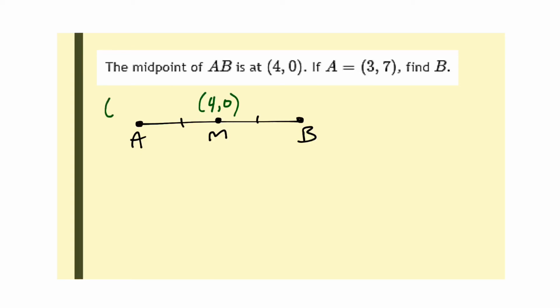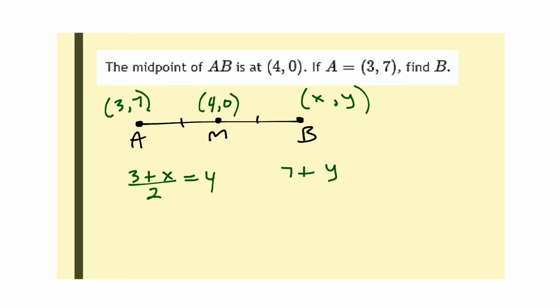A is 3, 7. What is B? Unknown. We don't know B. But we do know that the average of 3 and X has to be 4, and we do know that the average of 7 and Y has to be 0.